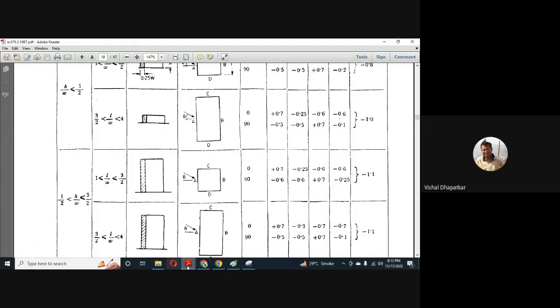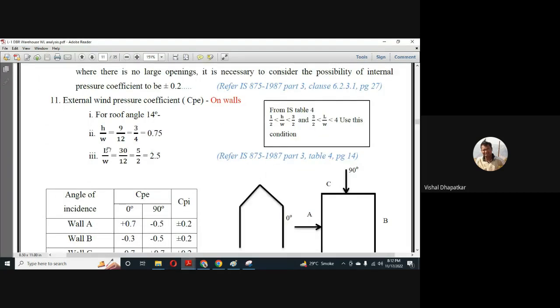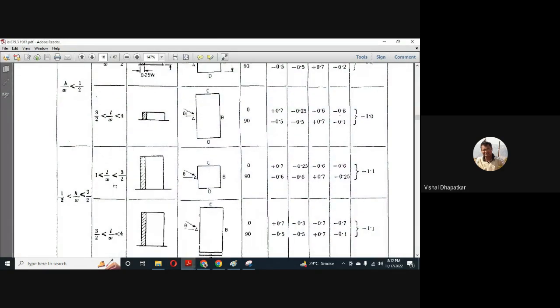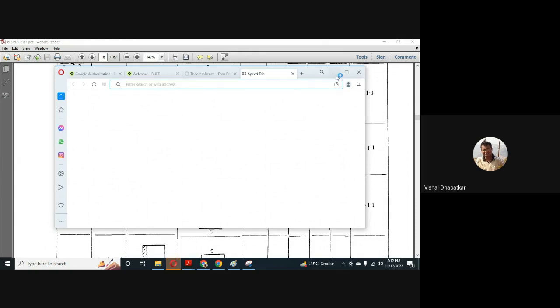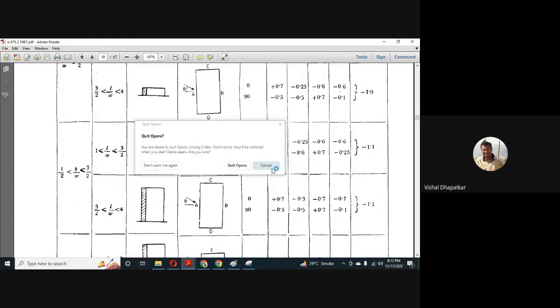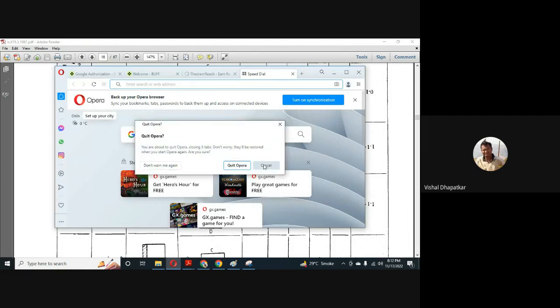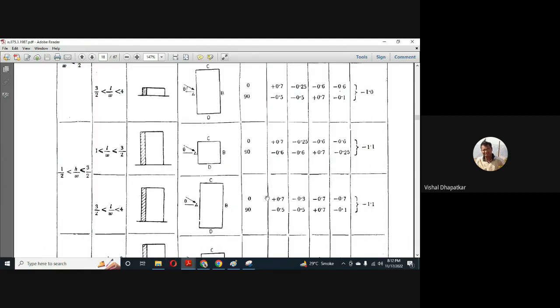The length to width ratio is 2.5, which is more than 1.5 but less than 4. So we are falling in this category, where the coefficients for 0 degree are 0.7, 0.3, 0.7, 0.7, and for 90 degree, minus 0.5, minus 0.5, plus 0.7, minus 0.1.